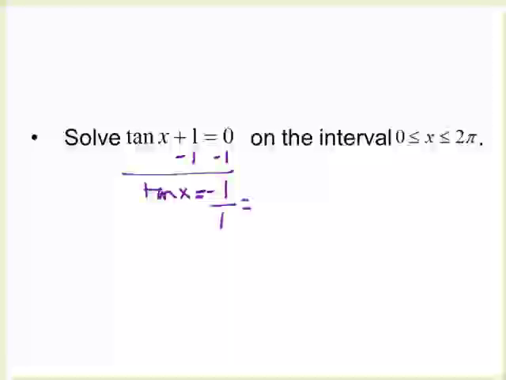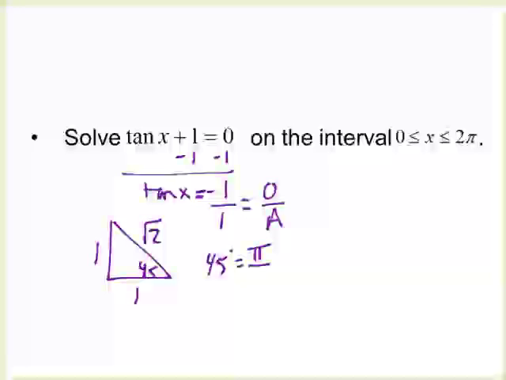And what's SOHCAHTOA for tangent? Opposite over adjacent. So which triangle has 2 ones, neglecting the hypotenuse? 45, 45, 90. So our answer must be 45, which goes into 180 how many times? 4 times. We do not have a plus or minus here.